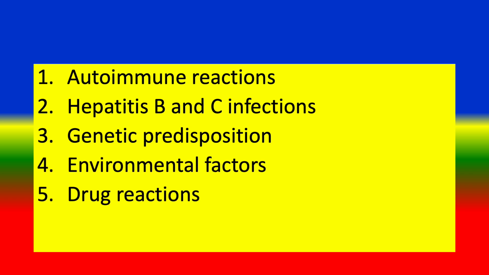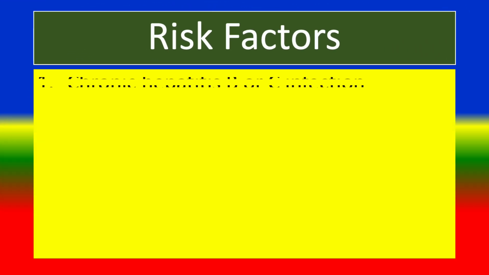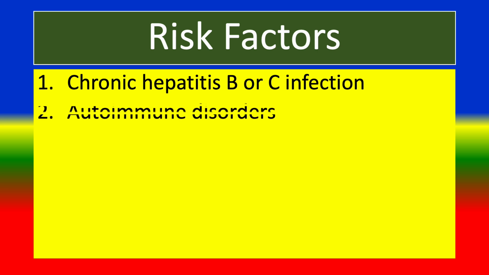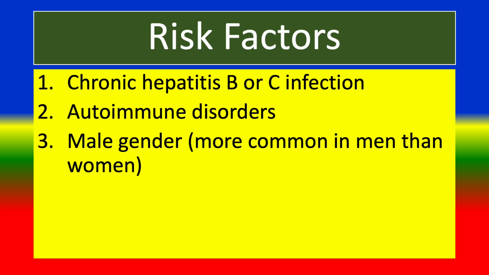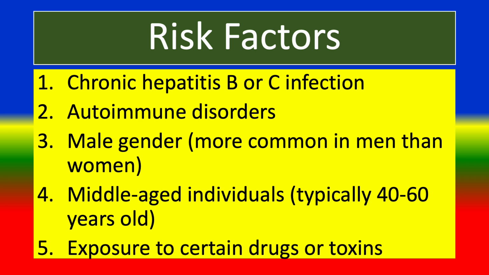Environmental factors, 5. Drug reactions. Risk factors: 1. Chronic hepatitis B or C infection, 2. Autoimmune disorders, 3. Male gender, more common in men than women, 4. Middle aged individuals, typically 40 to 60 years old, 5. Exposure to certain drugs or toxins.